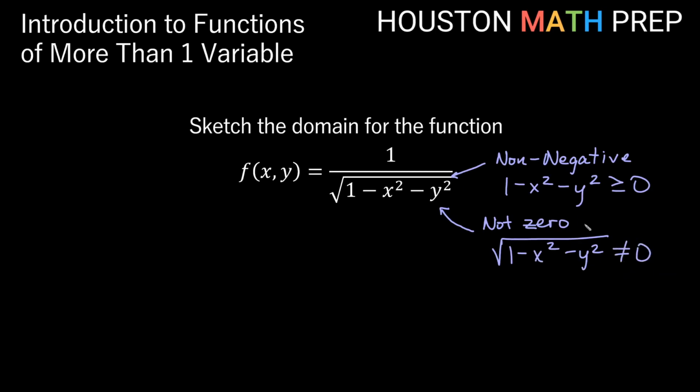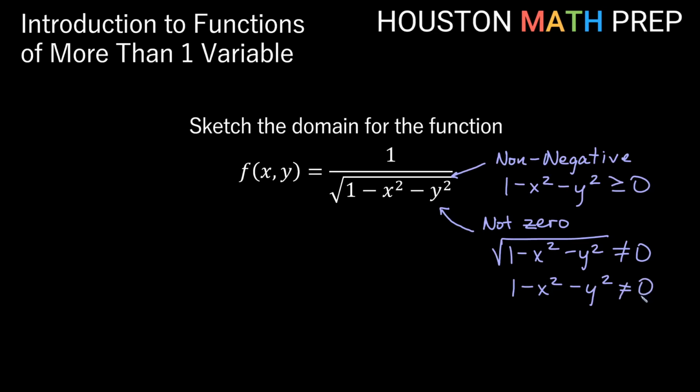And I have two restrictions here. It turns out that this one on the bottom interferes a little bit with the one on the top. If I make this a little clearer by squaring both sides, that would say 1 minus x squared minus y squared should not be equal to 0.